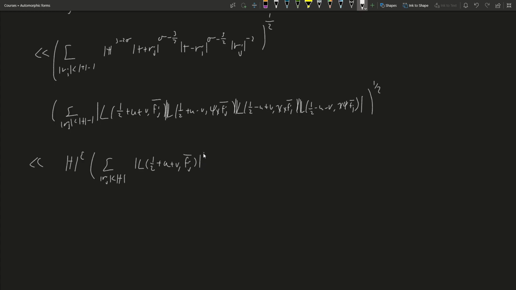And this is going to be to the 4th power after we Cauchy-Schwarz each individual piece. And this is going to be all to the 1/8.